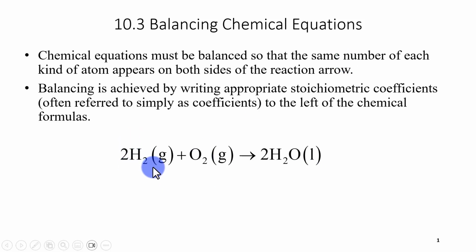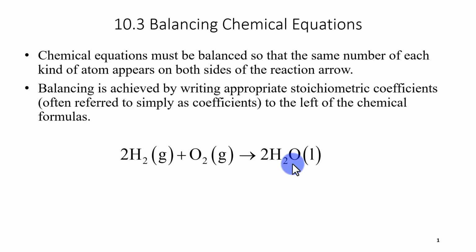For example, for this here, this is my reaction where I have hydrogen and oxygen giving me water. Remember, we also talked about how hydrogen will appear as H2 always, and oxygen will appear as O2 always in chemical reactions. So I've written H2 and O2 giving me H2O, which is the formula for each molecule.